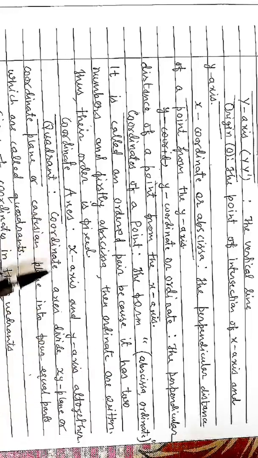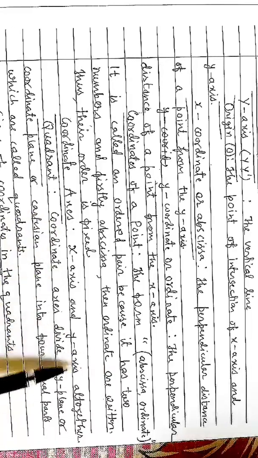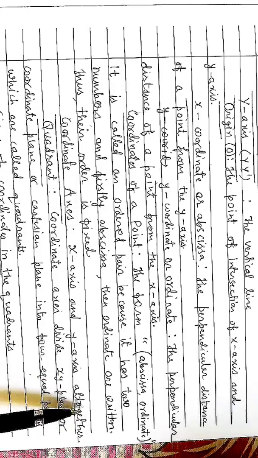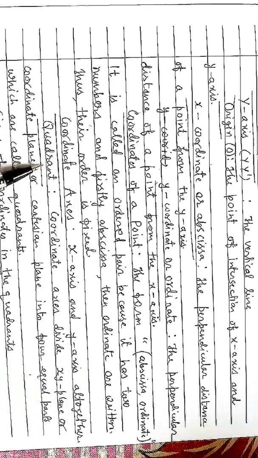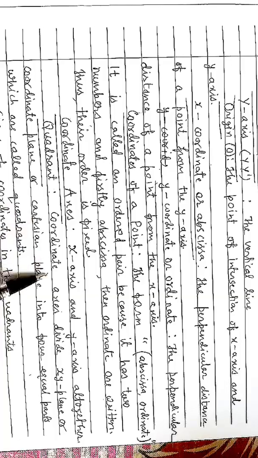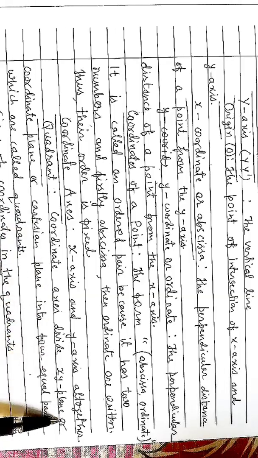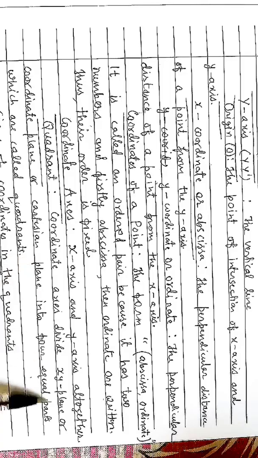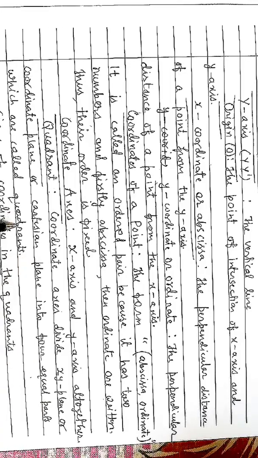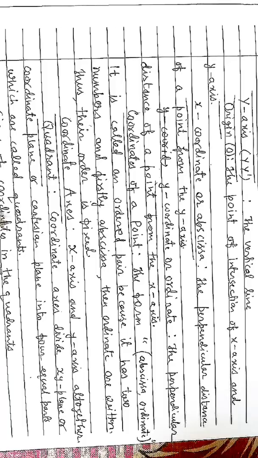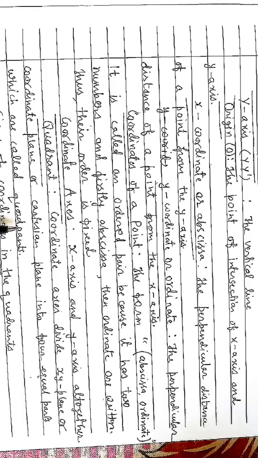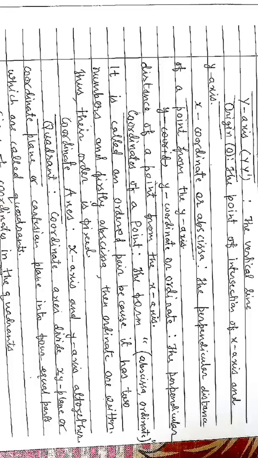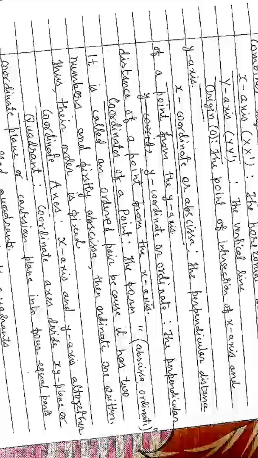Coordinate axis. X-axis and y-axis altogether are called coordinate axis. Quadrant. Coordinate axes divide xy plane or coordinate plane or Cartesian plane into four equal parts which are called quadrants. The plane is called xy plane because it has x-axis and y-axis.